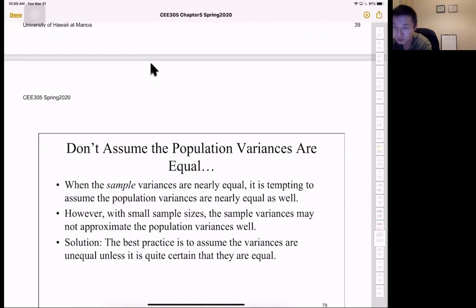So unless the question tells us for sure the population variances are equal, we just assume they are not equal.